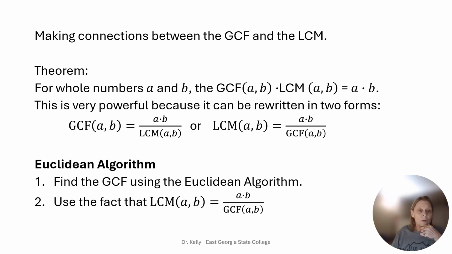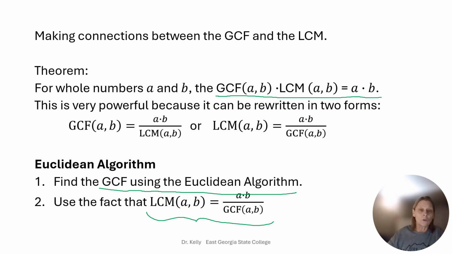Okay, let's look here at the steps for the Euclidean algorithm. First we find the GCF using the Euclidean algorithm, and then we use a manipulation of this theorem, and I've given it to you in two forms. If we were given an LCM, we could find the GCF.